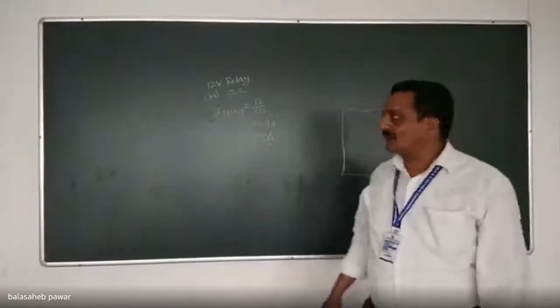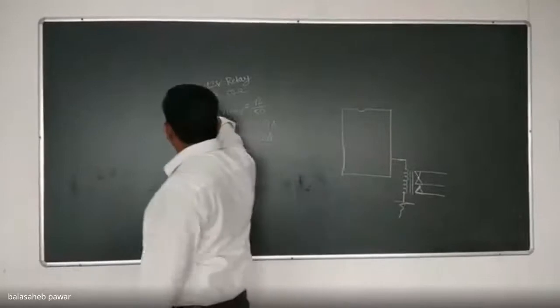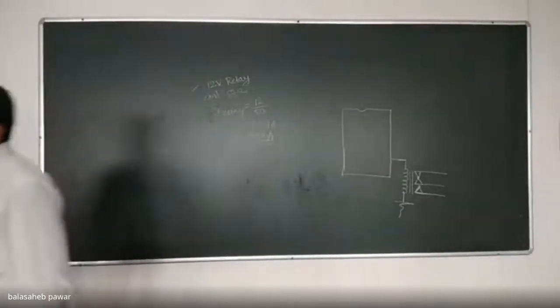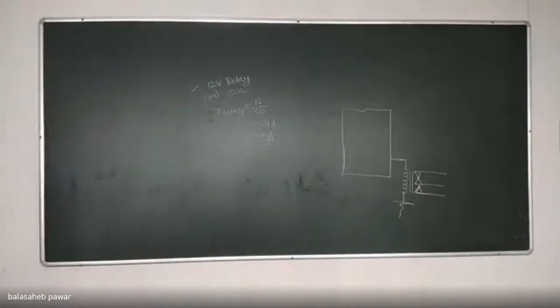So the first requirement, it will not satisfy, and that is 12 volt. If that relay is of 12 volt, the controller can provide a maximum output of just 5 volt. So that voltage requirement will not get satisfied, and hence the controller will act in overloading condition and will get damaged, right?